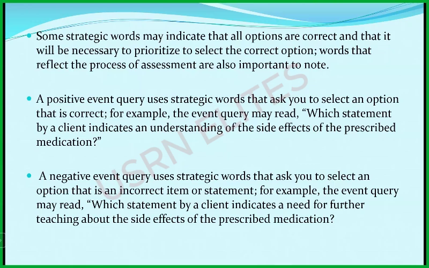For example, the event query may read, which statement by a client indicates an understanding of the side effects of the prescribed medication? What is this question trying to tell us? You see, indicates an understanding of the side effects.